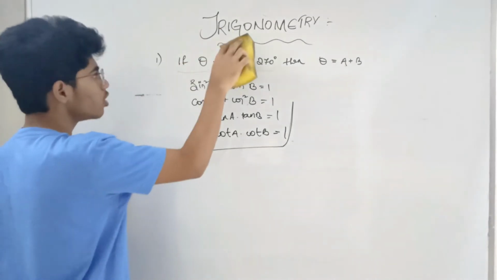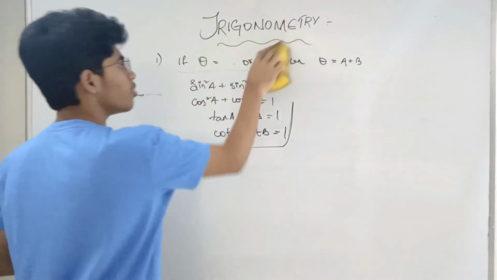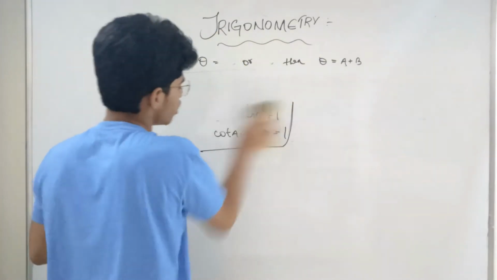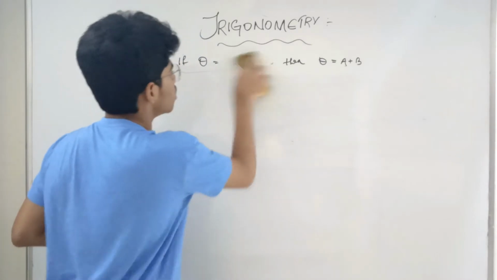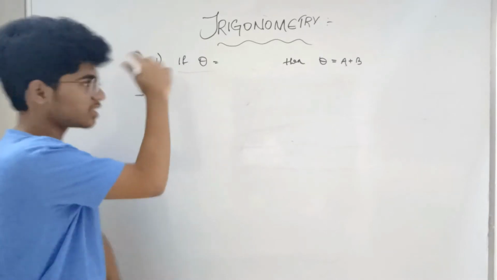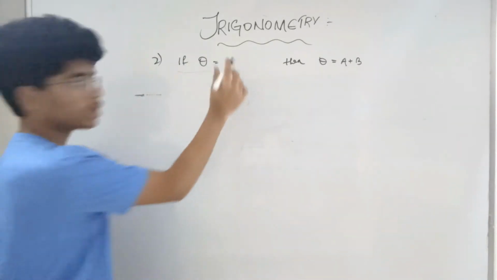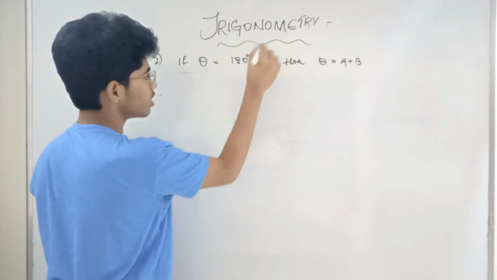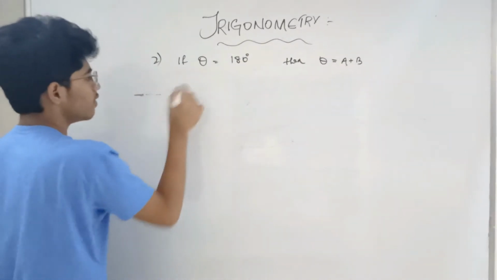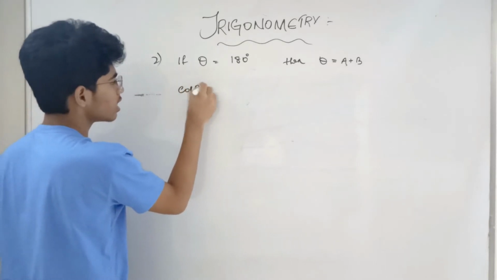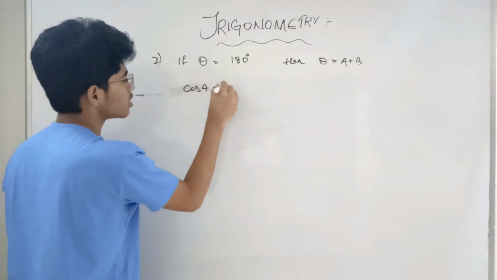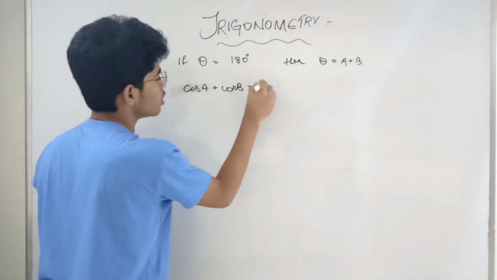So this is one of a few identities we have. We're going to be learning more. Now the second one: if theta equals 180 degrees, and theta equals a plus b, what will come? We start with cos a plus cos b equals 0.